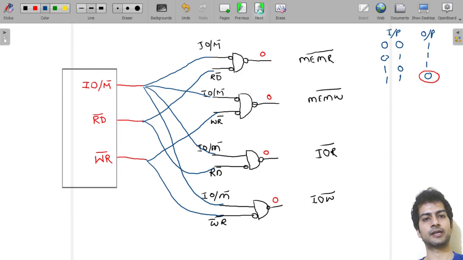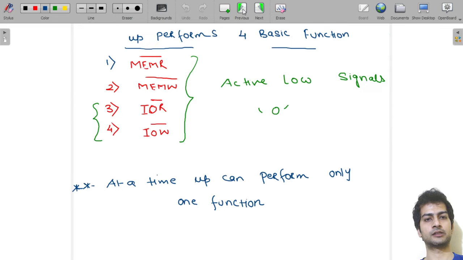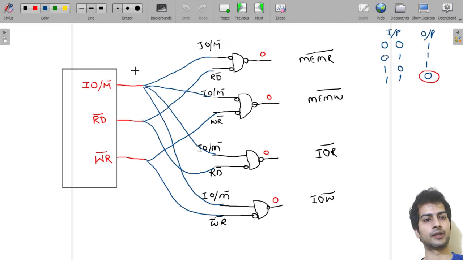Now let's discuss one combination, 0 0 1. It is 0, it is 0, and it is 1.